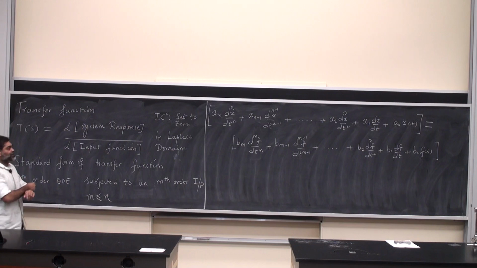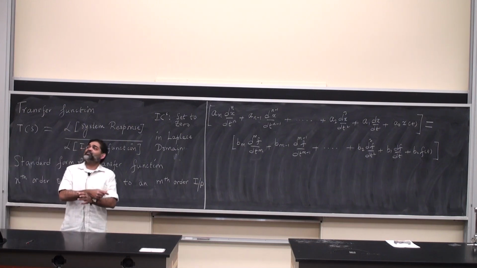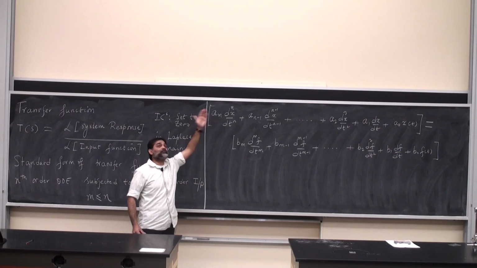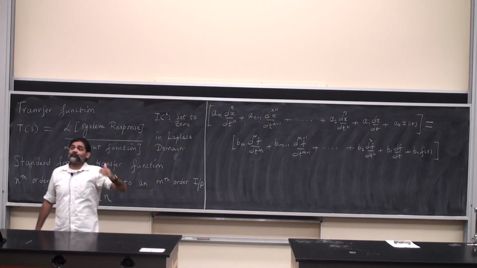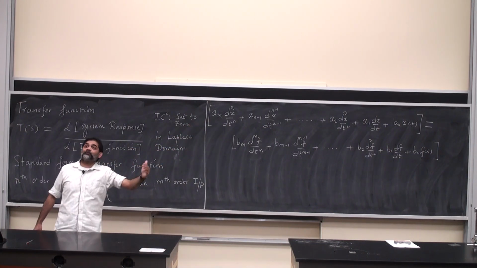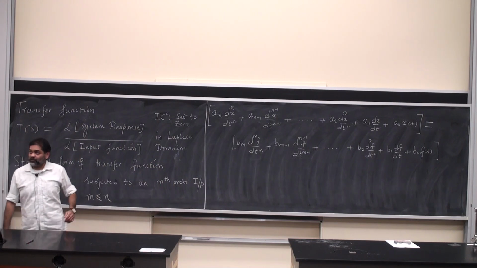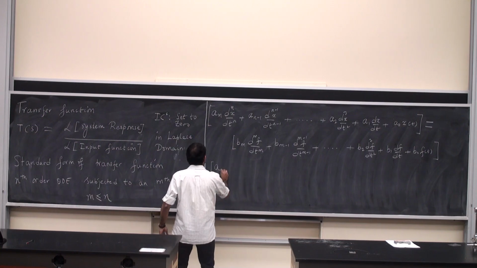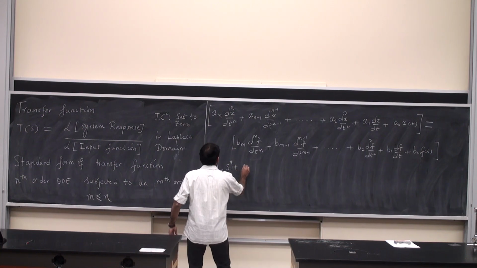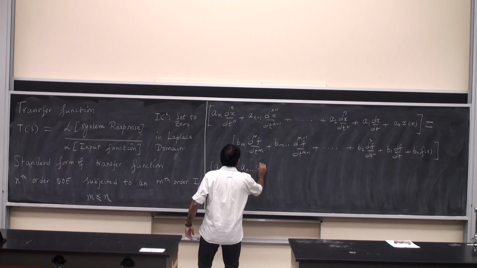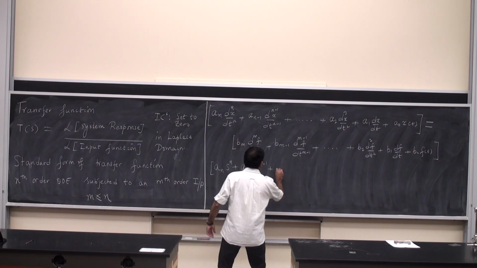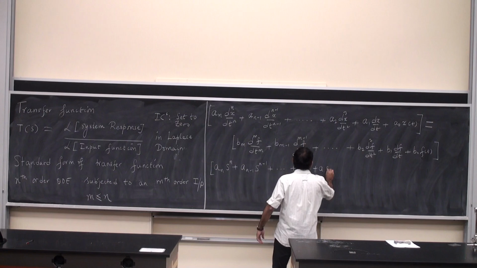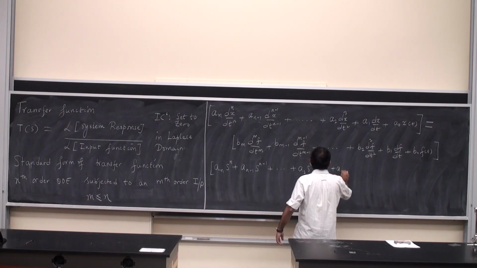And then we say, okay, take Laplace transform on both sides, switch off the initial conditions. So the Laplace transform of the nth derivative is s to the power n. Laplace transform of the (n-1)th derivative is s to the power n minus 1, and so on and so forth. And so I have a_n s^n, a_(n-1) s^(n-1), a2 s square, a1 s, a0.